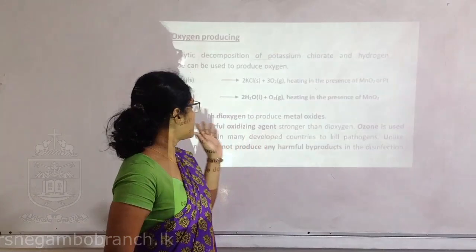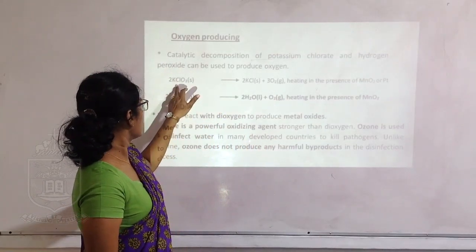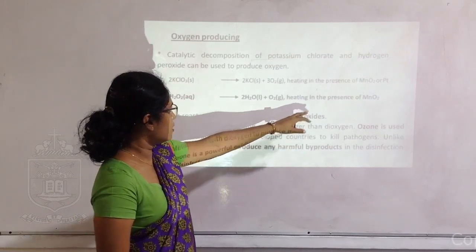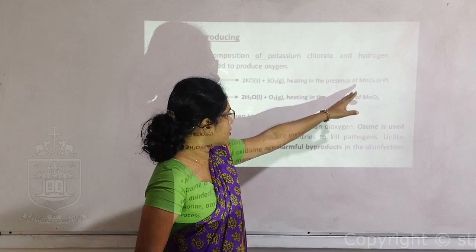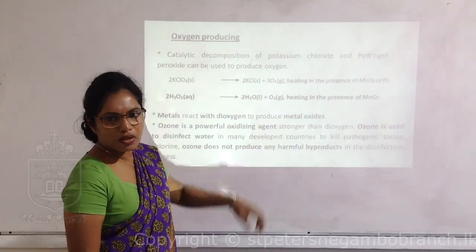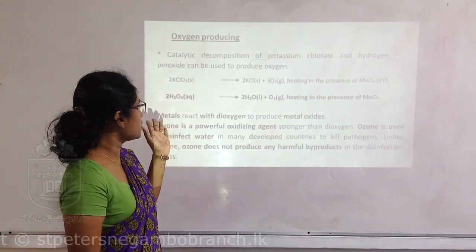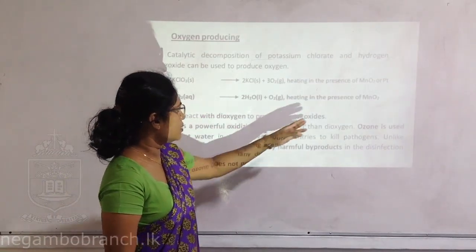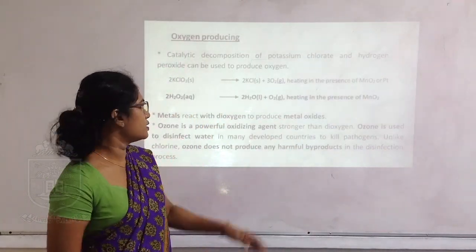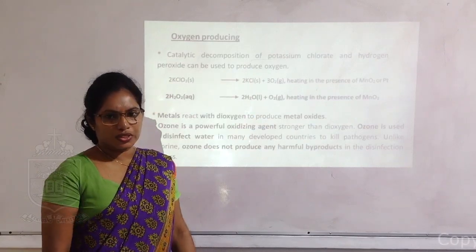In the first equation I have shown you that when we heat potassium chlorate in the presence of manganese dioxide or platinum, we can produce oxygen. And also when we heat hydrogen peroxide in the presence of manganese dioxide, we can produce oxygen according to these two equations.